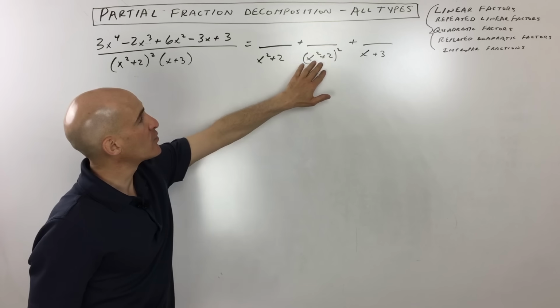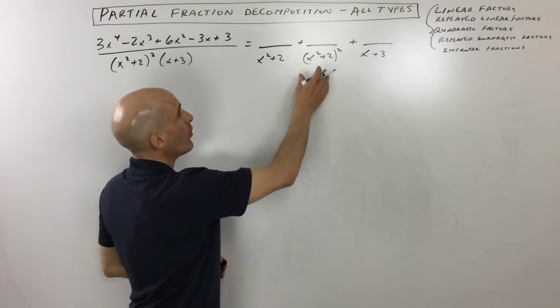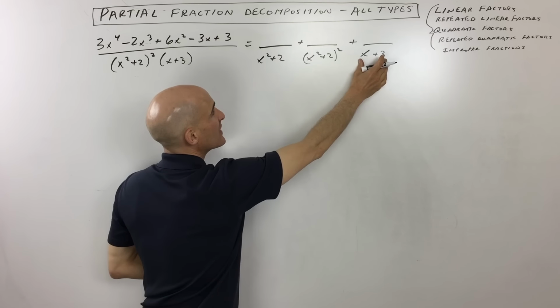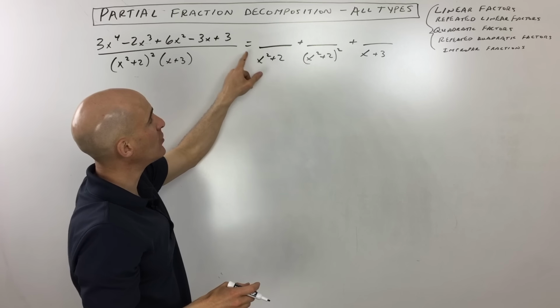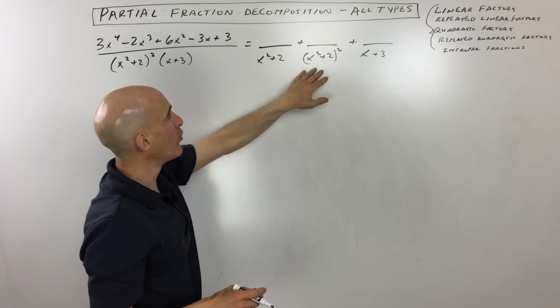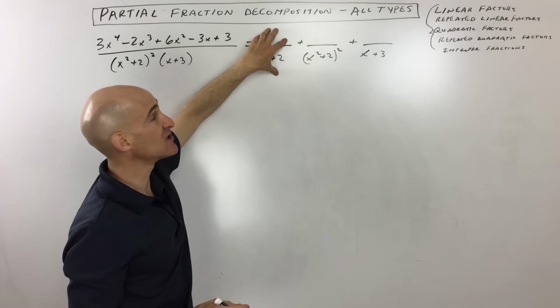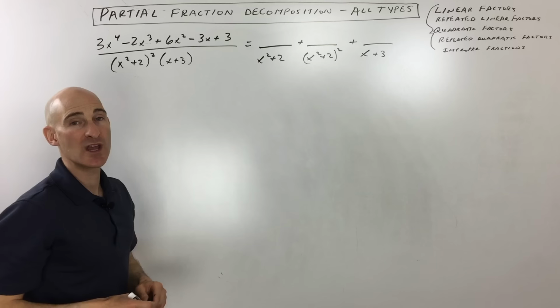If you were to combine all 3 of these, what's the common denominator? Well, you need x squared plus 2 squared, and you also need an x plus 3. So if you were to get a common denominator, this one's missing another x squared plus 2 and an x plus 3. So you have to consider that there could be both of these terms, or it could just be this term. This one might be equal to 0. We won't know until we solve this equation here.